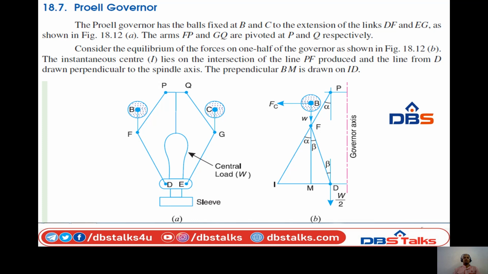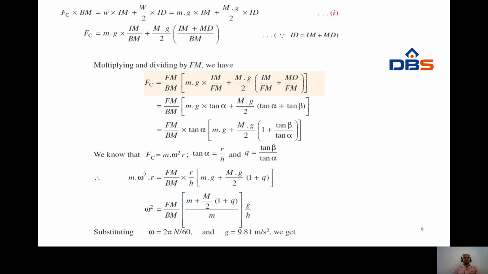And about I, the weights acting at D and ID are in the clockwise rotation. So by taking the moments, FC into BM is equal to W into IM, that is the weight of the ball, plus the dead weight at the center, W by 2 into ID. These are all clockwise.